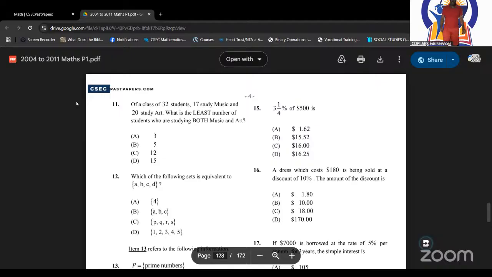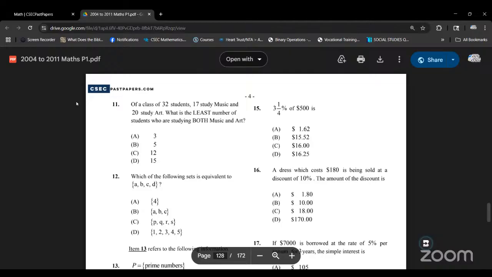Figure it out yet? There's a way to find what is easier in the percentage and then multiply by 500. All right.